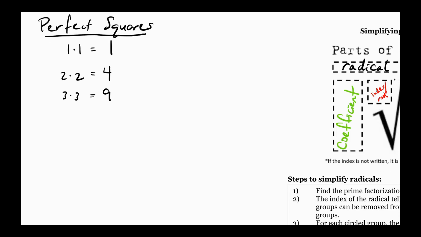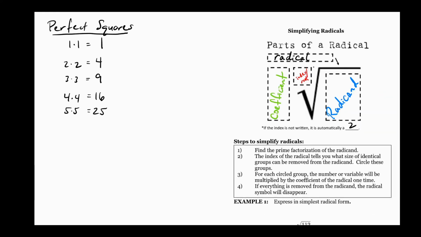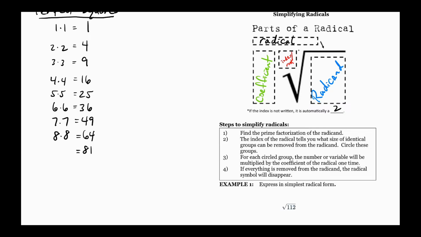The next one was 16, because 4 times 4 makes 16. And then 25, because 5 times 5 makes 25. The next number was 36. The next number was 49. The next number was 64. The next number was 81.